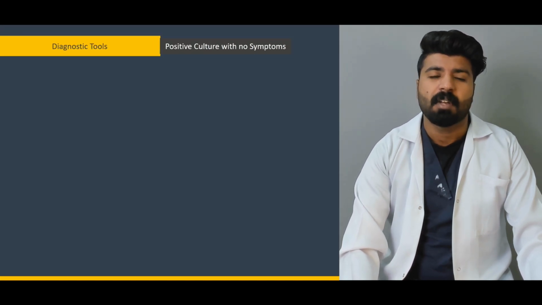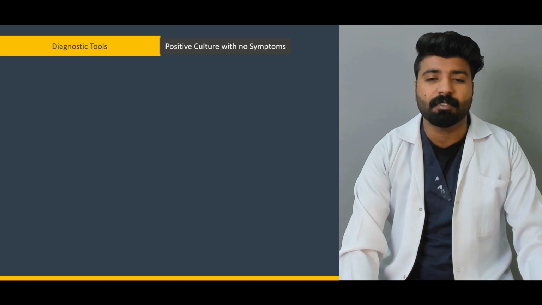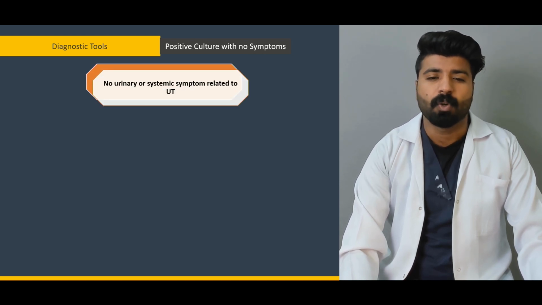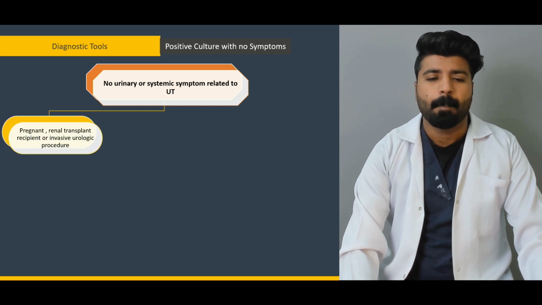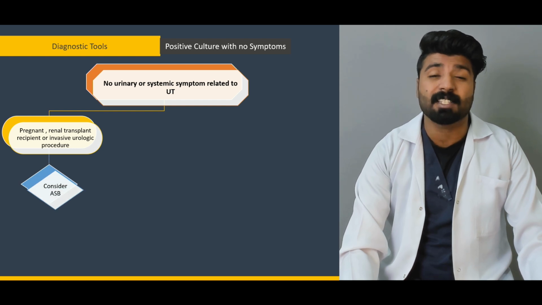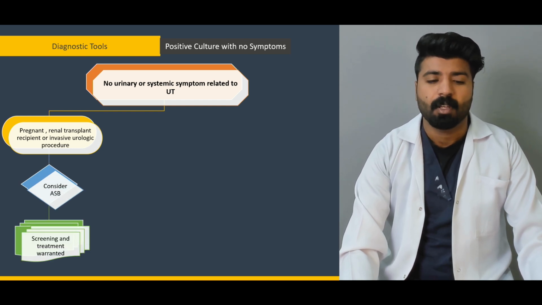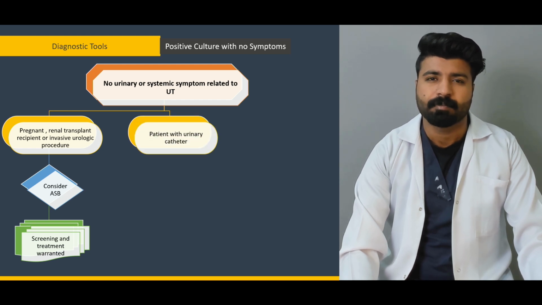Next on, let's talk about a patient who has a positive culture with no symptoms. So what will you do? We have no urinary or systemic symptoms related to UTI, but the patient is pregnant, a renal transplant recipient, or has had an invasive urologic procedure. What do you do? Consider asymptomatic bacteriuria, and screening and treatment are warranted.